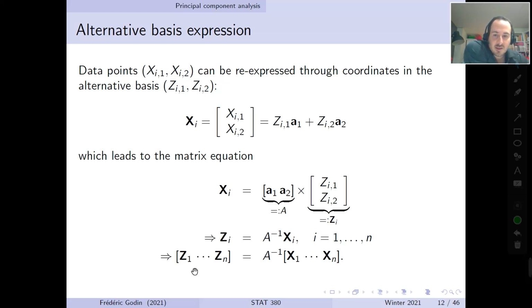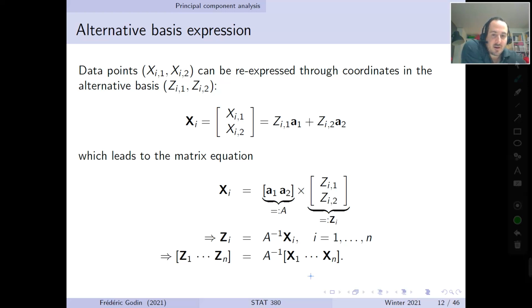This leads to z1 until zn, each of these z's being a column vector, stacked together into a matrix, equal to A inverse times x1 until xn, which is the matrix containing all predictors of observation x1, all predictors of observation x2, until all predictors of observation xn.